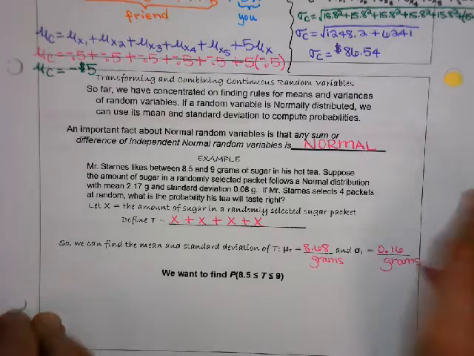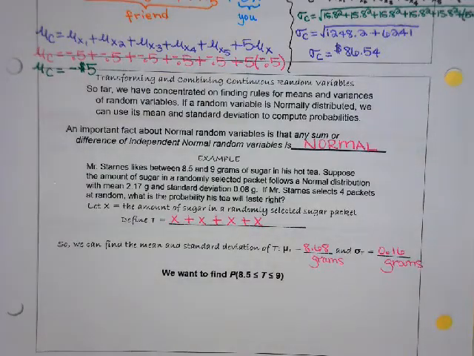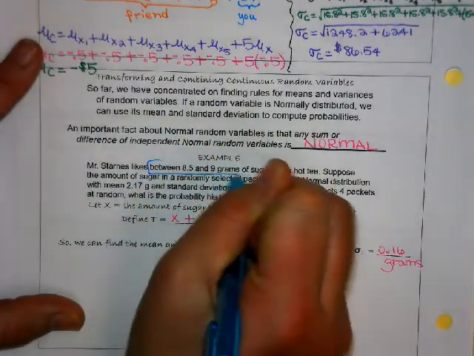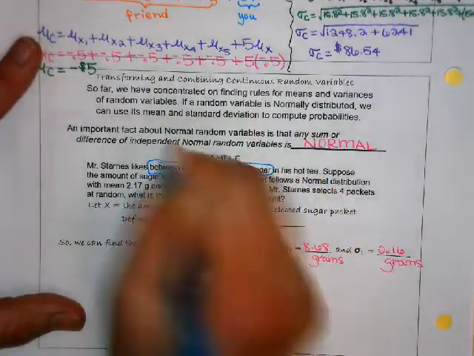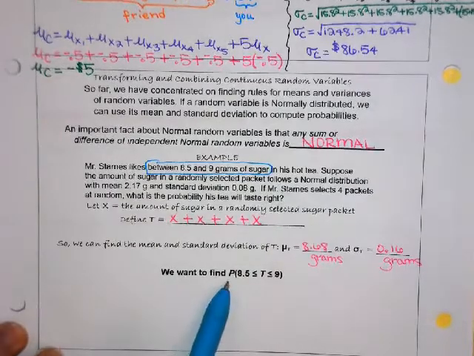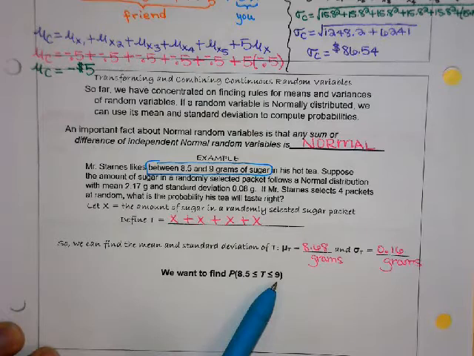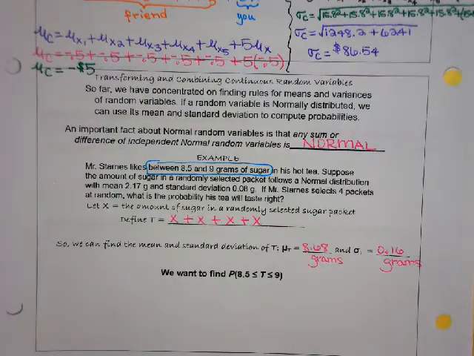So it tells us that Mr. Starnes likes between 8.5 and 9 grams of sugar. So really, we want to find the probability that T lives between 8.5 and 9. This is a continuous random variable, so to find the probability, we're going to work with a normal distribution.